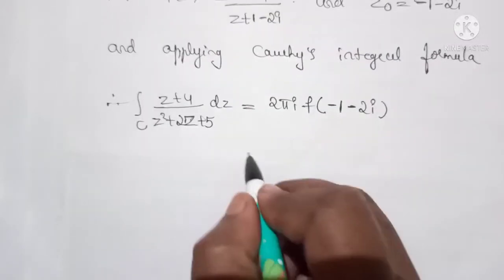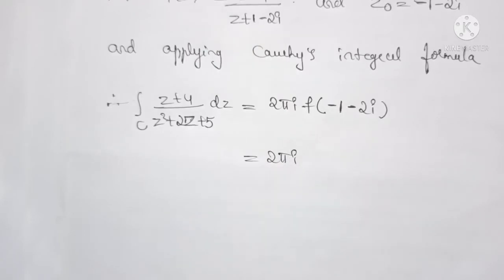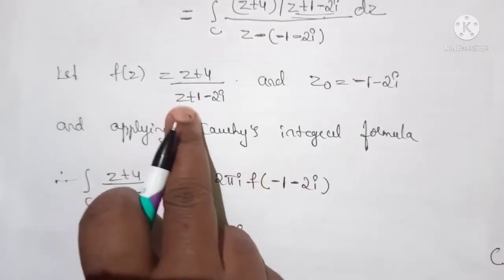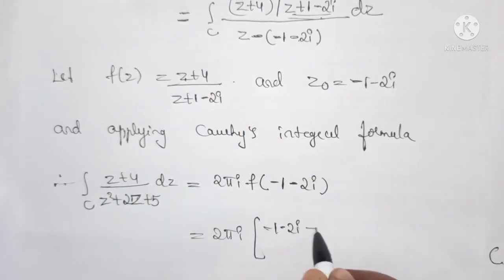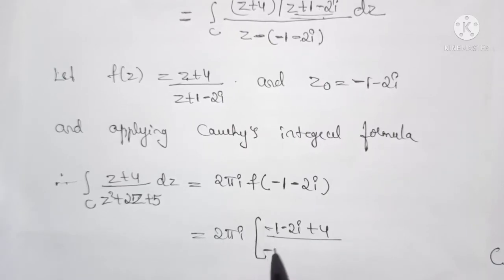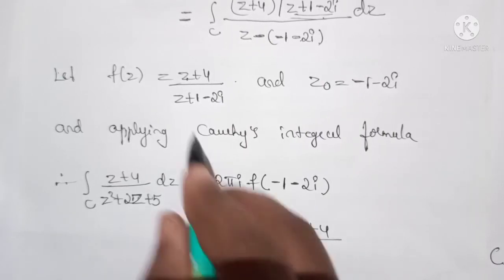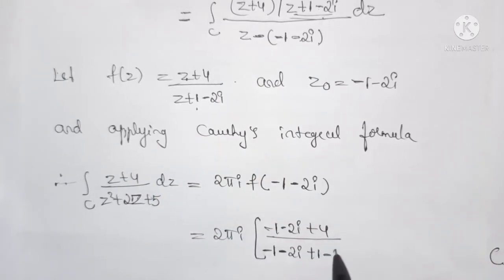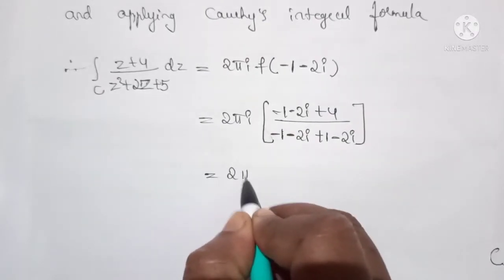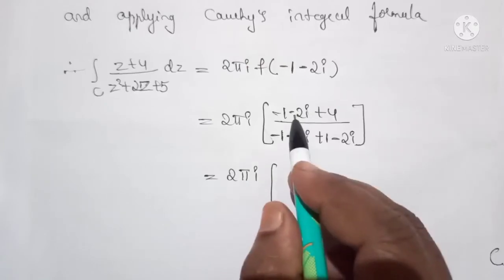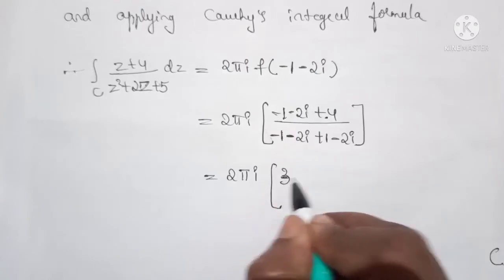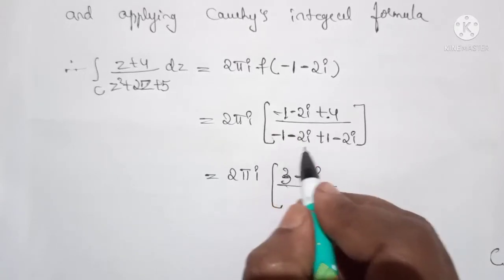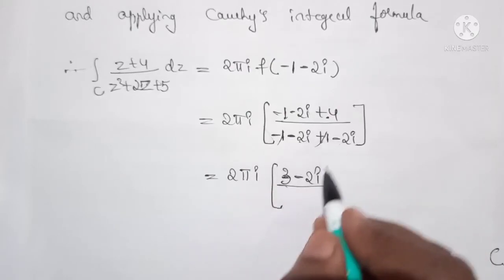Okay, so 2 pi I, substituting z equals to minus 1 minus 2i into this one, we get z is equals to minus 1 minus 2i plus 4 in the numerator, and in the denominator z equals to minus 1 minus 2i, remaining terms as it is, that is plus 1 minus 2i. Okay, so further simplifying we get 2 pi I, 4 minus 1 is equals to 3, so it is 3 minus 2i, denominator plus 1 minus 1 gets cancelled, we get minus 4i.